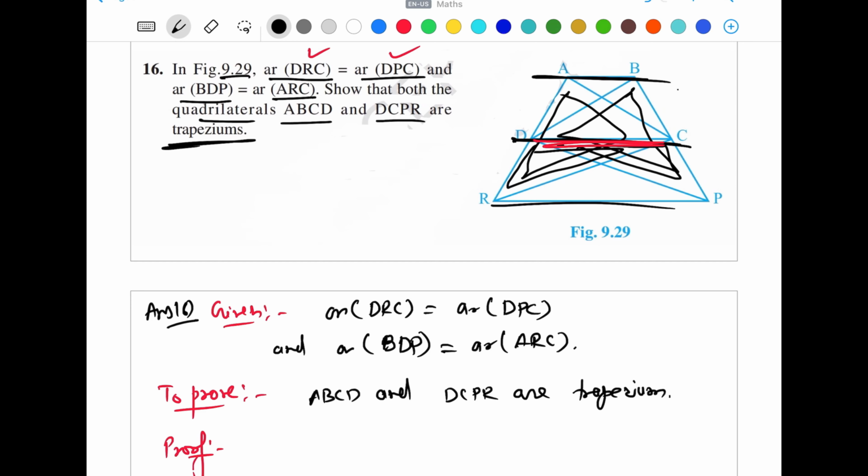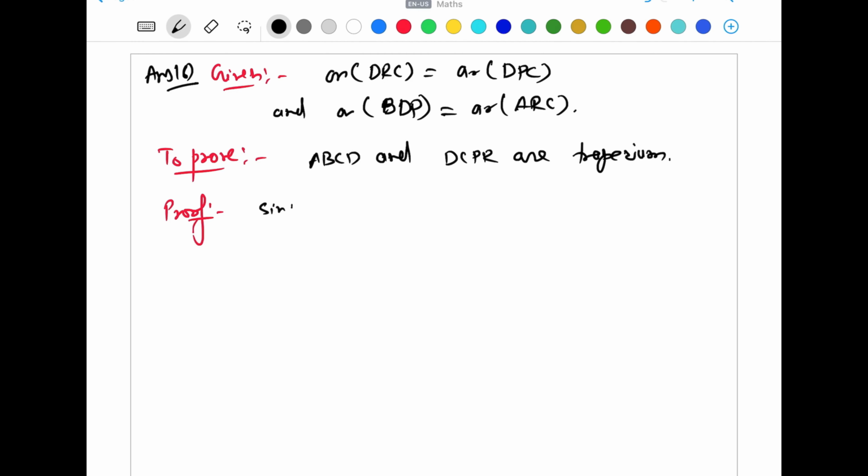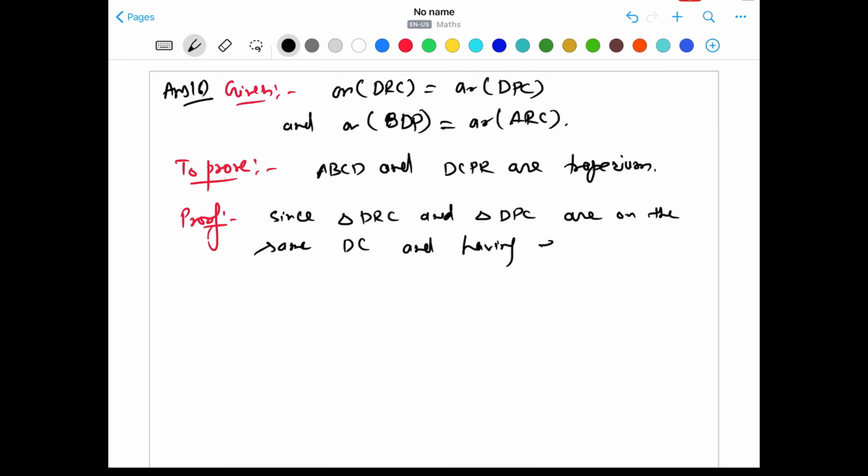So first we are going to start with triangle DRC and triangle DPC. Since triangle DRC and triangle DPC are on the same base, their same base is DC, having equal area, therefore they must be lying between the same parallels. Therefore DC has to be parallel to RP.